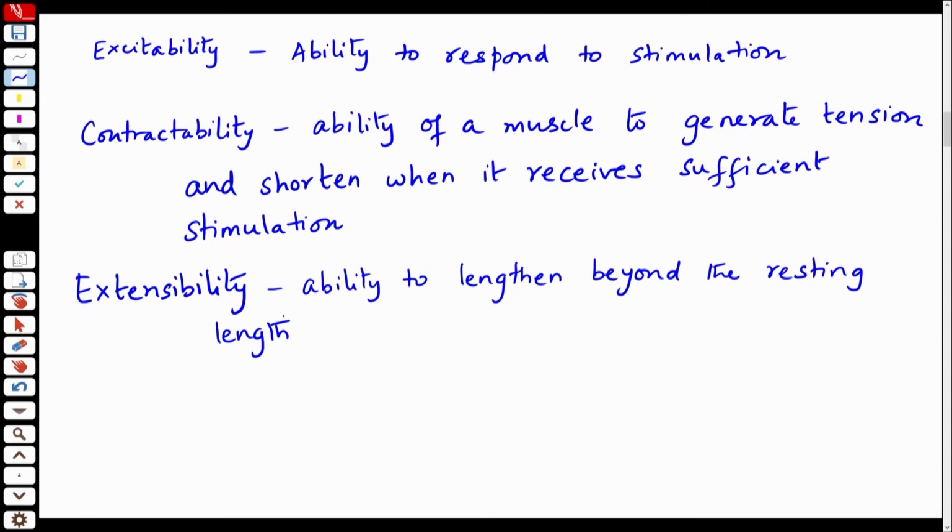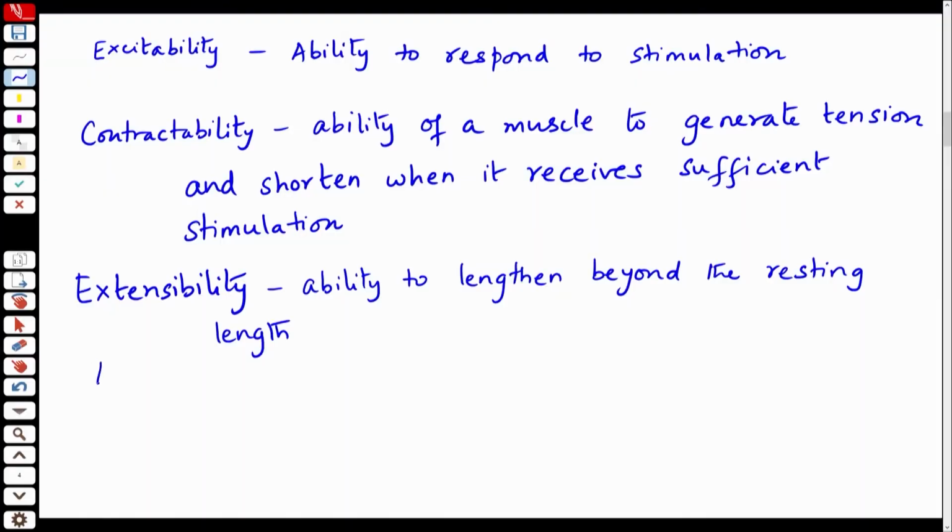Now, the muscle cannot do this on its own, it cannot lengthen on its own. So, there has to be some external force, it could be the force of another muscle or some other external force that can cause the muscle to lengthen, to extend. So, force is required in order to do this.